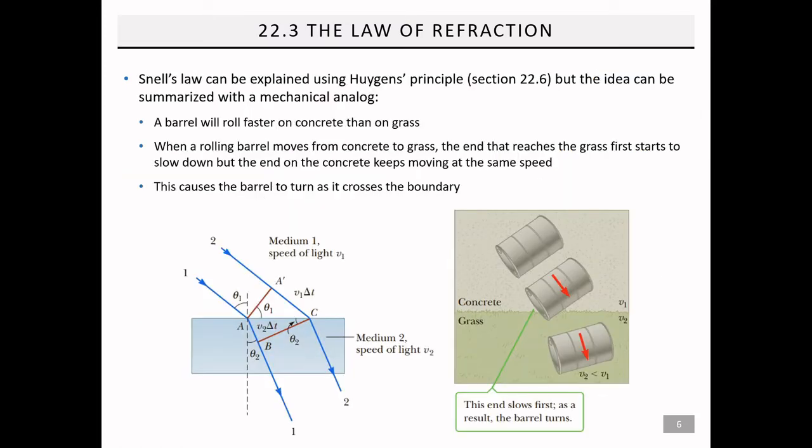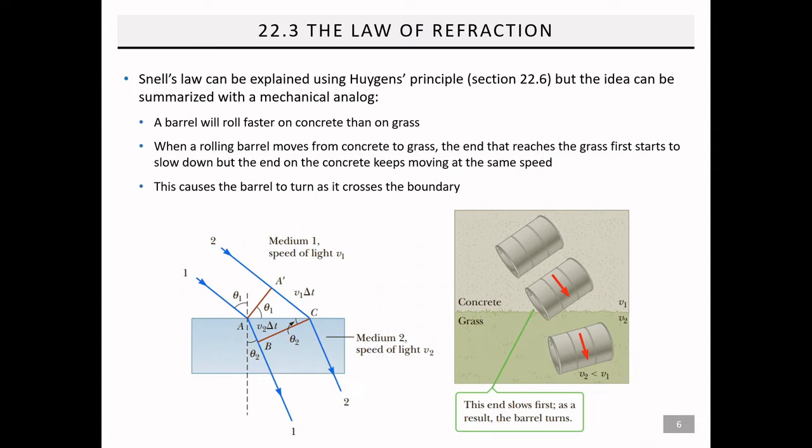In section 22.6, they explain Snell's law using Huygens' principle. Huygens was a Dutchman whose name I'm not pronouncing even close to correctly. But in any case, the idea behind Snell's law can be summarized with the following mechanical analog. You start by rolling a barrel on concrete, and you roll it toward grass at an angle.